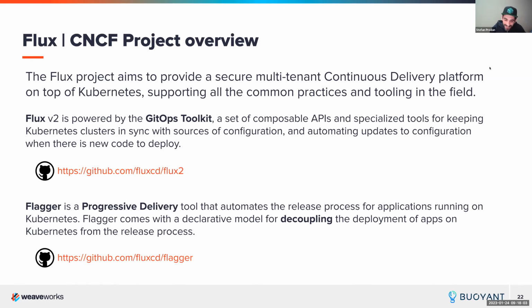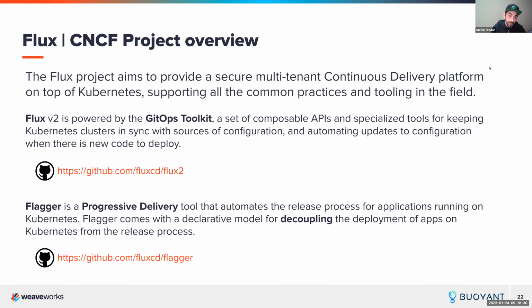We went through a major rewrite. Now Flux is powered by the GitOps Toolkit, which is a composition of Kubernetes APIs, controllers, and so on. The idea is that Flux tries to make continuous delivery using the GitOps principles easy to adopt and drive at scale.